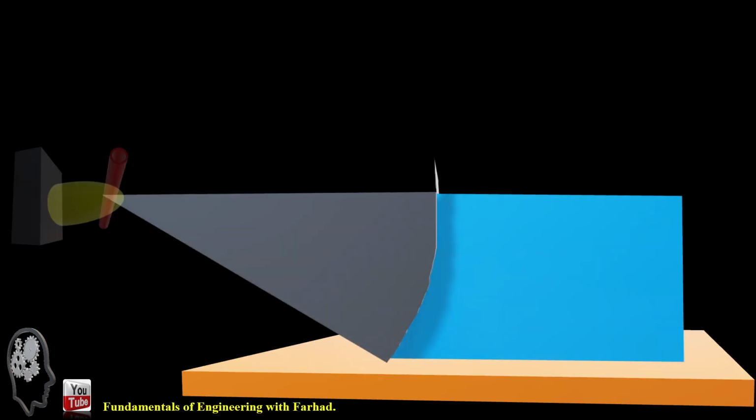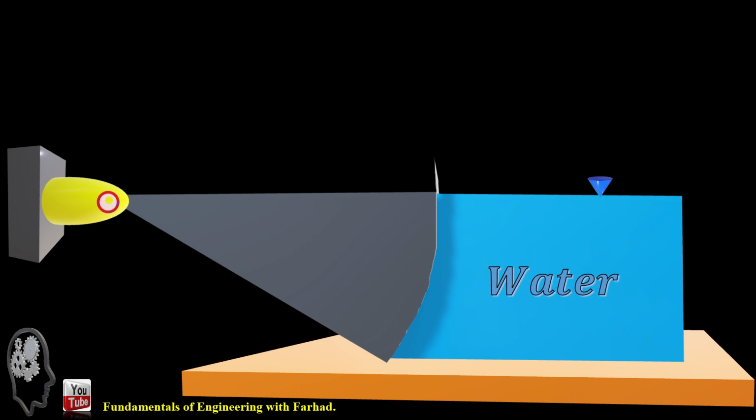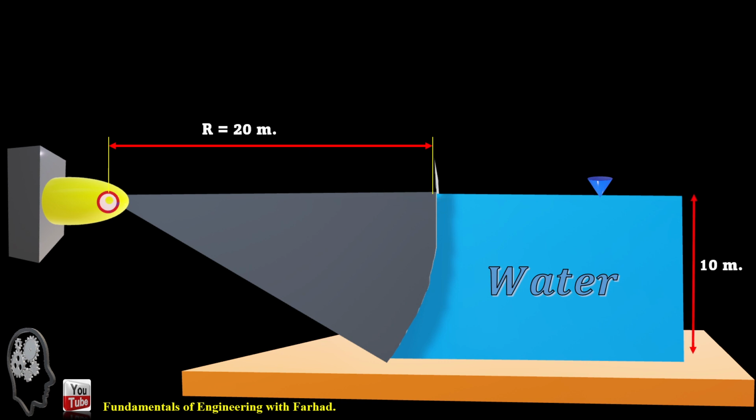So again, we have a gate which is a sector or a portion of a circle over a body of water in a dam. We know the radius of our sector is 20 meters, the height of water over the dam is 10 meters, and the angle theta is provided.